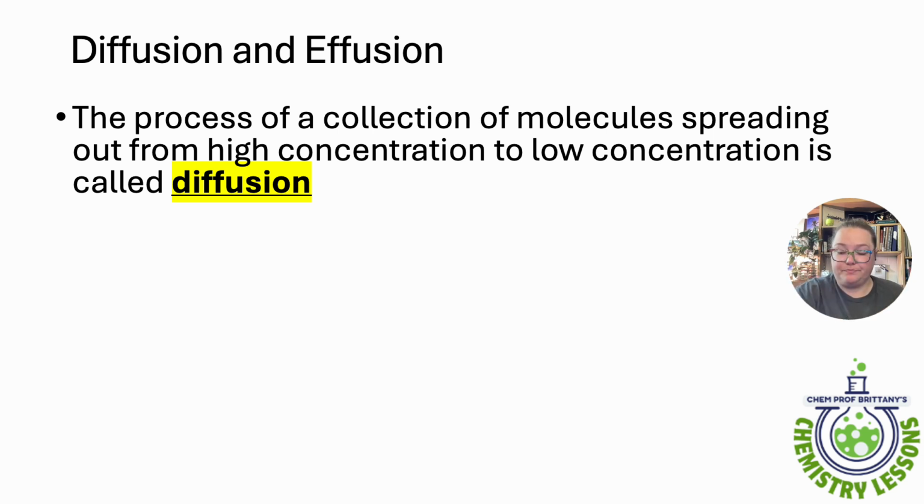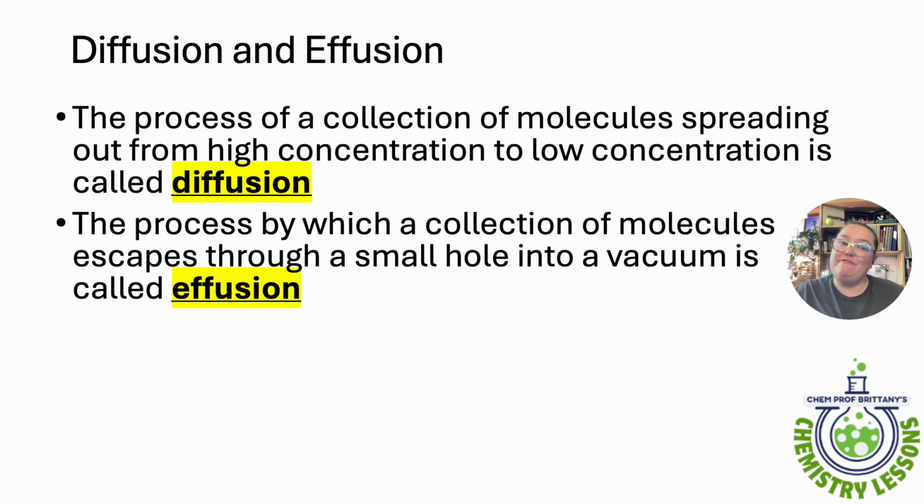That is diffusion. The process of effusion is when our gas particles escape through a small hole into a vacuum. So if my office was a vacuum and I broke the perfume in a box and I had a little pinhole, eventually particles, even though they're moving about randomly, are going to hit that hole and be able to leave to go out into this vacuum.